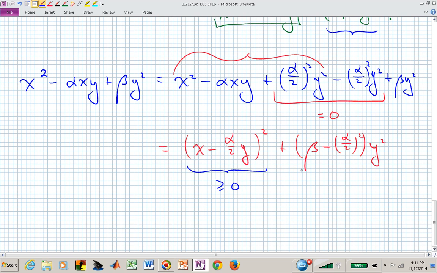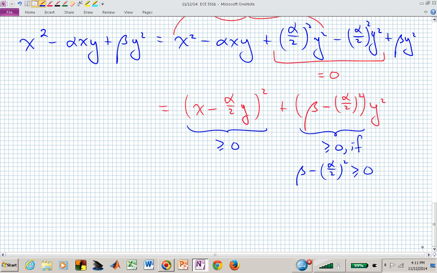But we will want to look at when this is non-negative. And that will be true as long as beta minus alpha over 2 squared is bigger than or equal to 0. Or let's just say it's a strict inequality and just say that we want beta minus alpha over 2 squared to be bigger than 0.